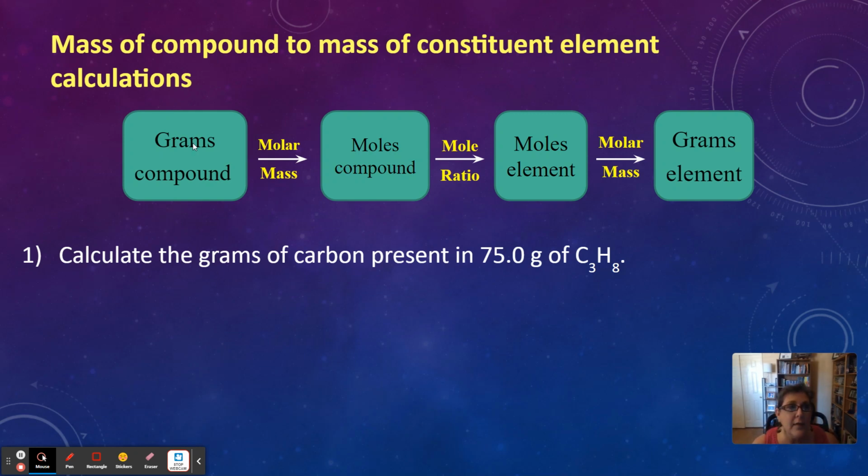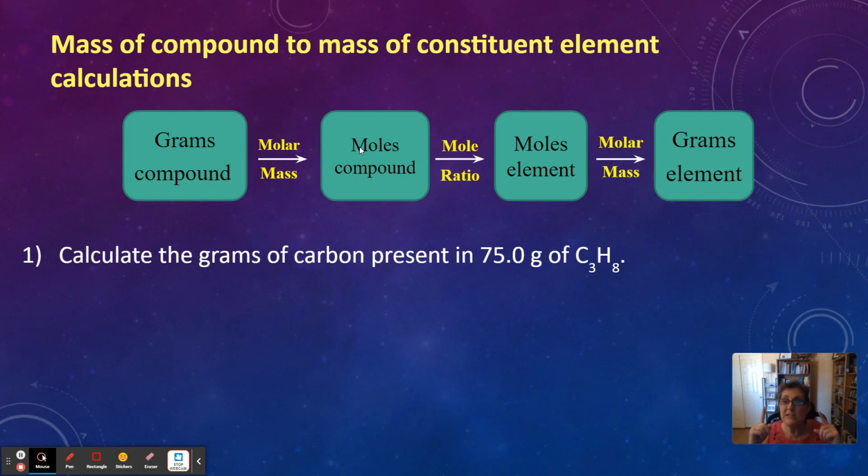We start with grams of a compound. The compound could be water, ammonia, CH4, salt, aluminum oxide, just some sort of compound, and we give you grams. We're going to use the molar mass of that compound to change to moles. We've already done this. So then we're going to have our moles of the compound.